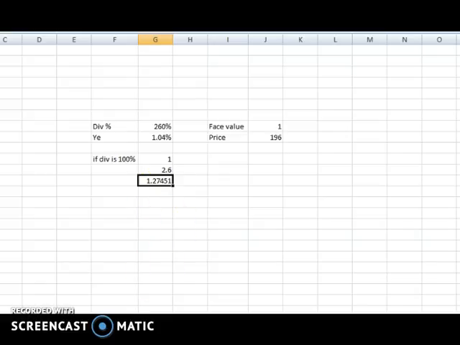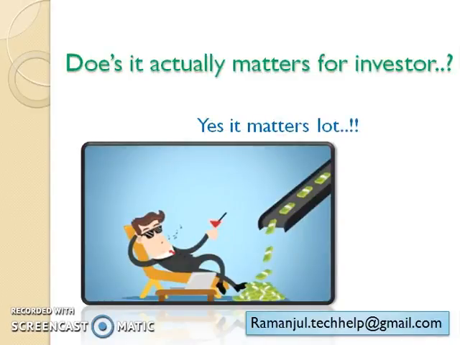We can say that. By looking at dividends alone, we cannot pick the share. We should not choose a share just for that. This is just a parameter to find the performance of the company. Okay, that you have to keep in mind. Does it actually matter for investors? Yes, it matters a lot for investors.